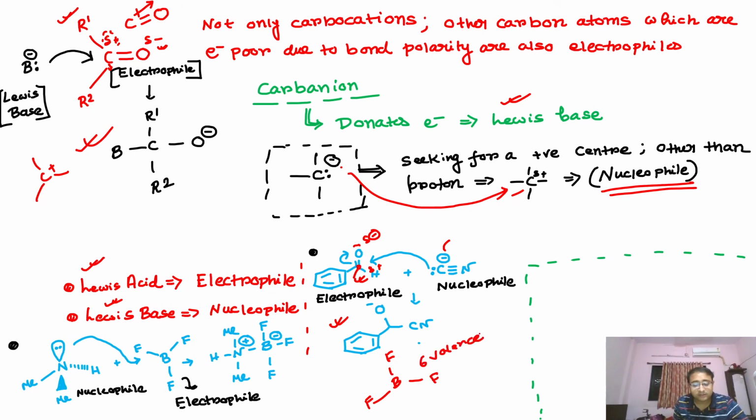As its octet is not filled, it always tries to accept electrons from others. So that's why it acts as an electrophile. So this lone pair of electrons will be donated to this electrophilic center, and this type of bond formation or reaction will occur. So these are some examples of reactions between a nucleophile and an electrophile.